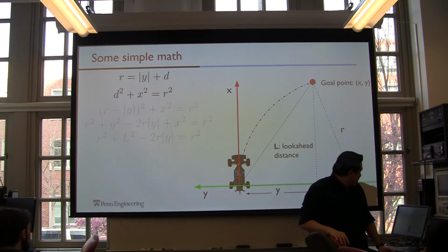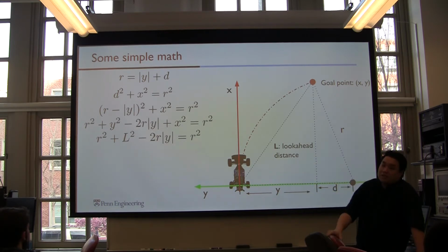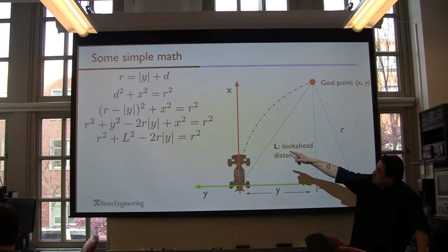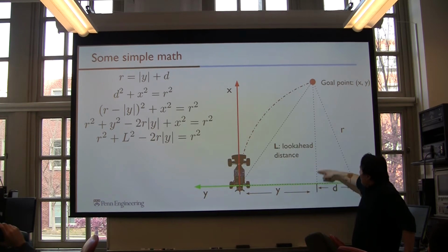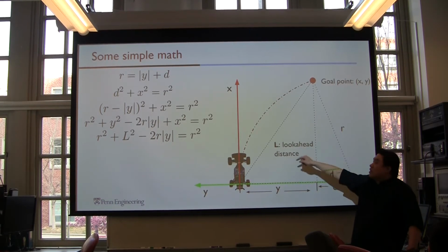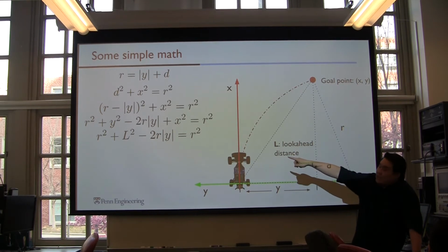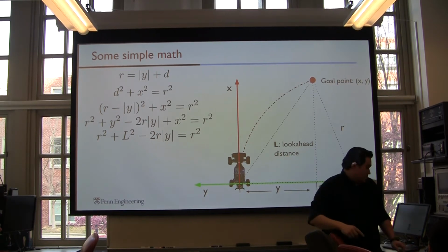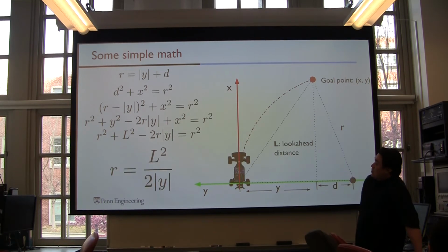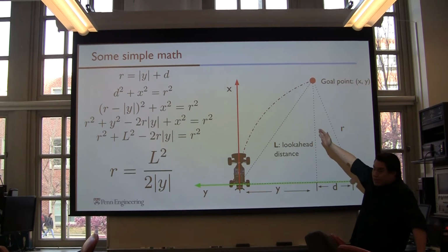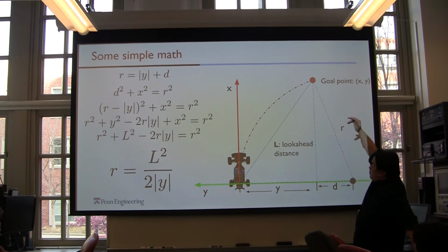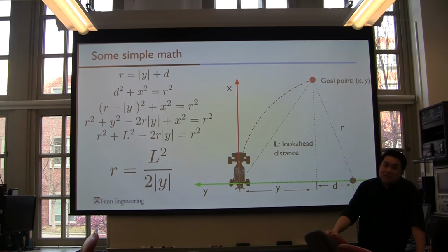Next, we substitute out d as r minus the absolute value of y, and expand. Since the look-ahead distance is L, we can have x squared plus y squared equals L squared. We substitute that in, and we can get rid of the radius squared. Then we'll come up with a relationship between your look-ahead distance, the y coordinate of your goal point, and the radius of the arc. Any questions?